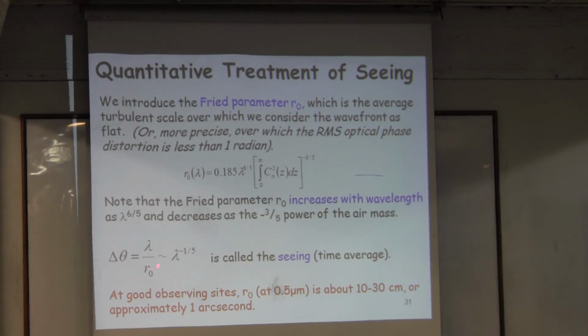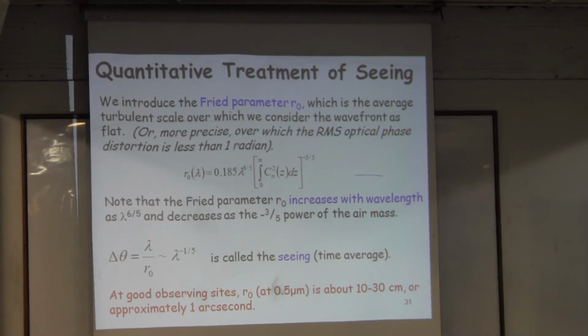Now we know, of course, that R0 depends on lambda to the 6/5 power. So now this is a very challenging math. Lambda divided by lambda to the 6/5, so you're left with lambda to the minus 1/5. Okay? And that means that the seeing, the angular size of your blurred image of the star, will actually get better at longer wavelengths.